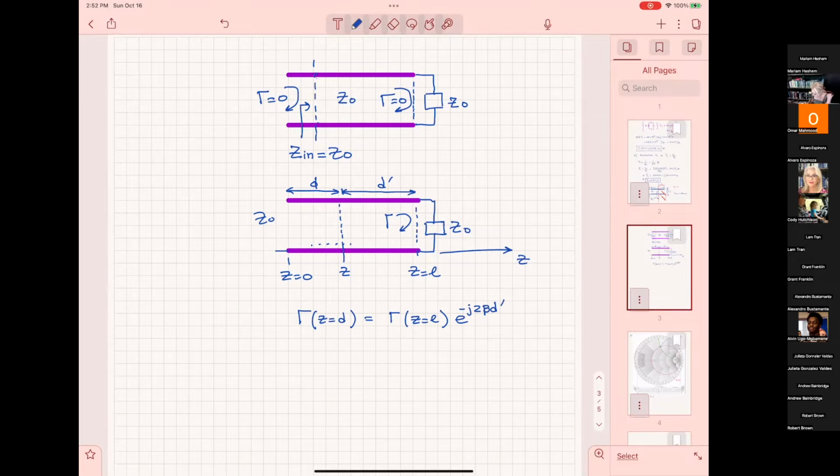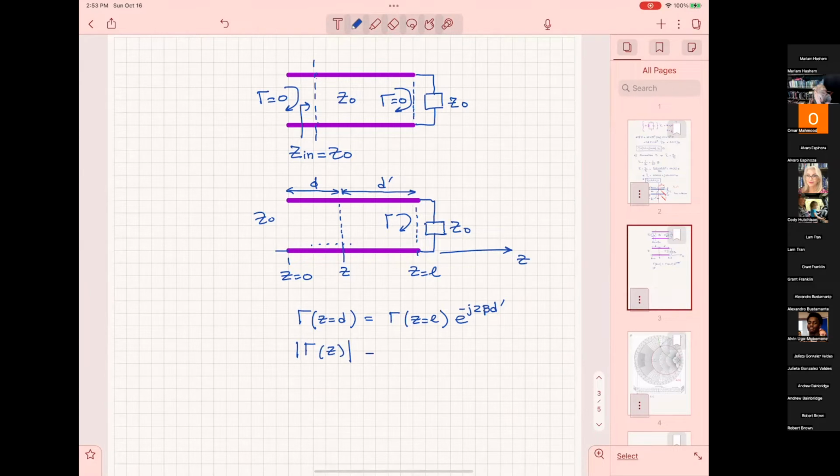Even if you don't remember this formula, what you should remember is that on any transmission line, the magnitude of gamma remains the same.